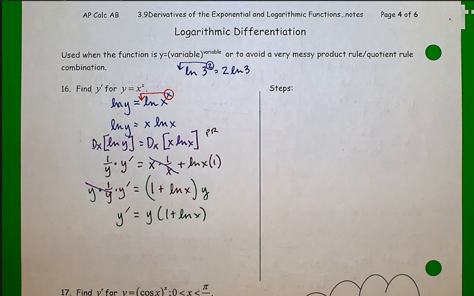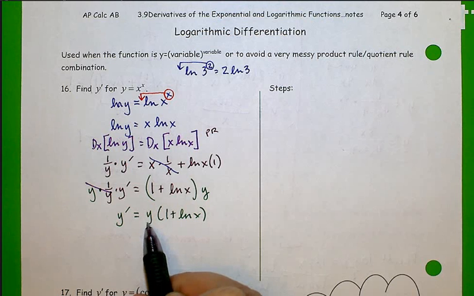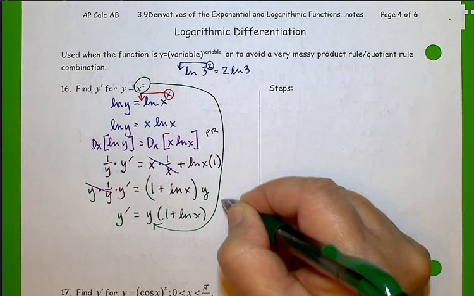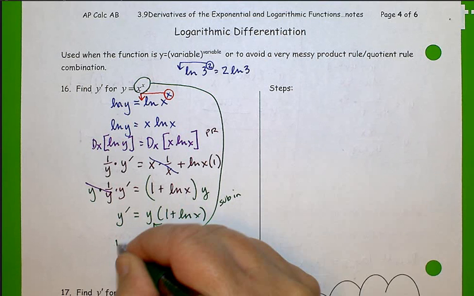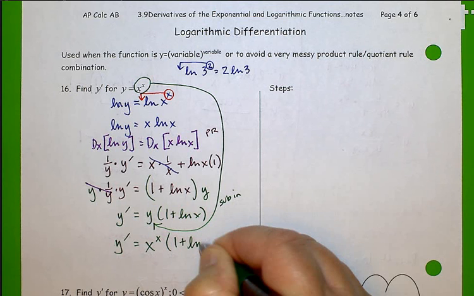What I want to do here is replace y with the original equation. So go back to the original equation and we'll just sub it in. So I get y prime equals x to the x power times 1 plus natural log of x. And that is my solution.